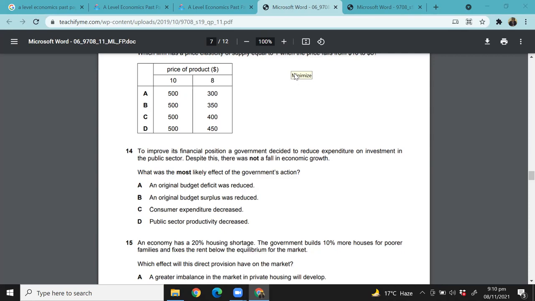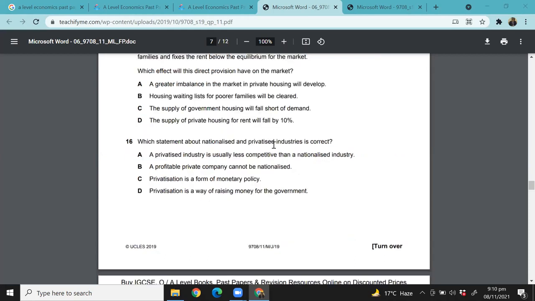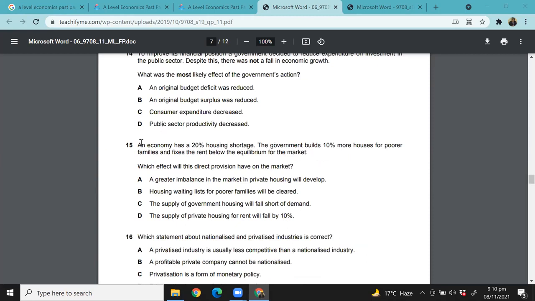What is the question? Okay, an economy has a 20% housing shortage. The government builds 10% more homes for poorer families and fixes the rent below the equilibrium for the market. What effect will this direct provision have on the market?